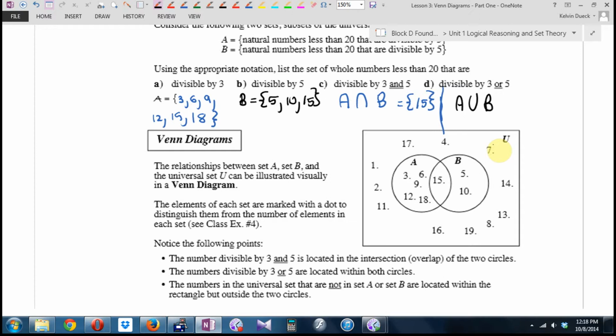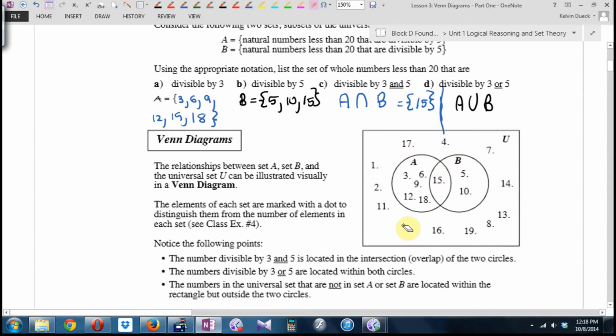We put every number from 1 to 20 in here, but we put it in the appropriate region. 15, that's the overlap between set A and B. But can you see, here's set A, Jake, it contains all of those. Set B contains those, there it is. The universal set contains both A, B, and their complements, whatever's not in A and B.